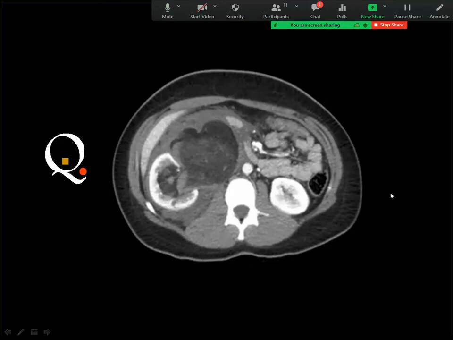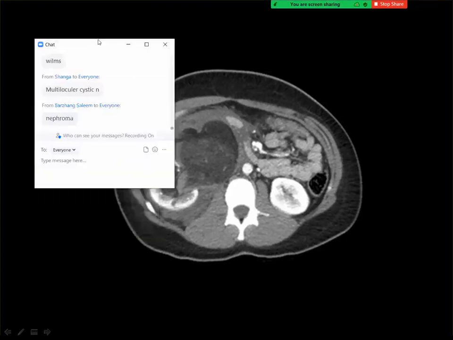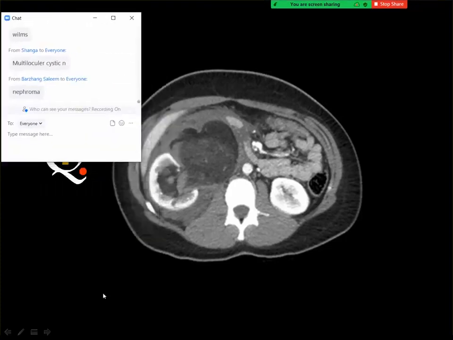Then the next case is a CT scan of the abdomen with intravenous contrast injection, and you have a mass in the right kidney. No, this is not an abscess.